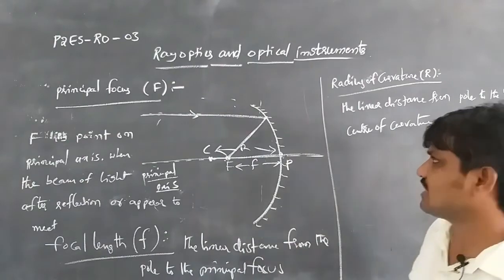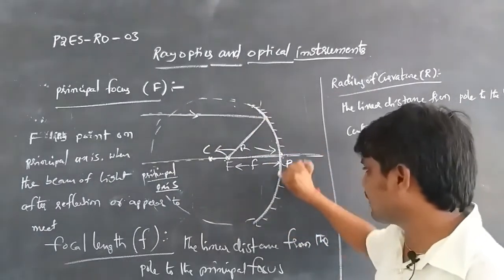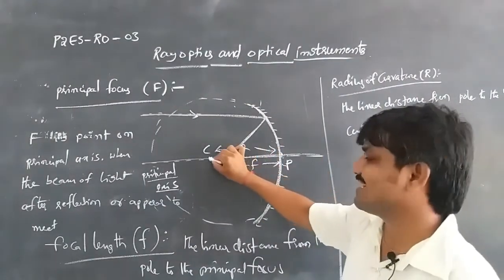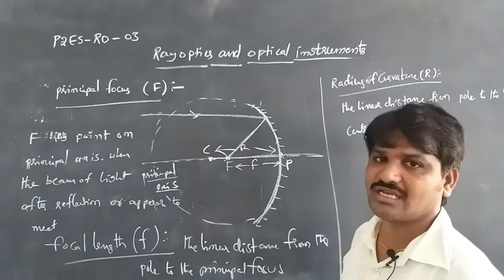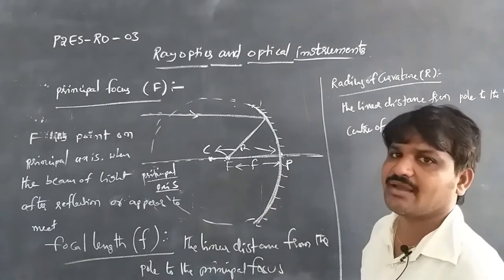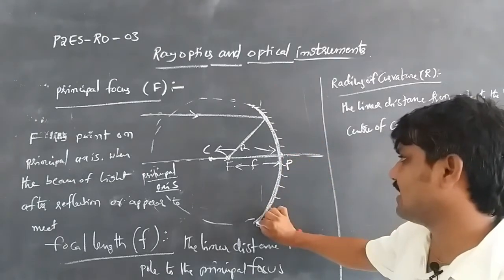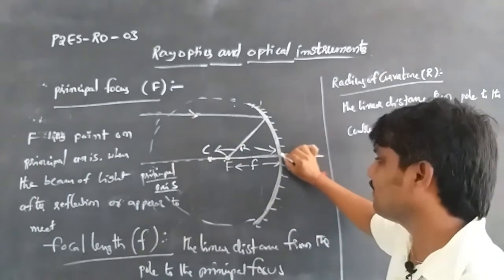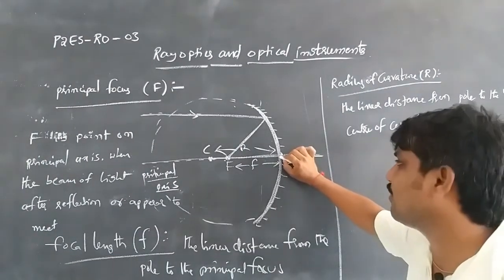Whenever a spherical glass is taken, the mirror is a part of it, as we discussed first. This is the center of curvature. Center of curvature means the center of the sphere of which the mirror forms a part. The pole or vertex is the midpoint of the mirror.